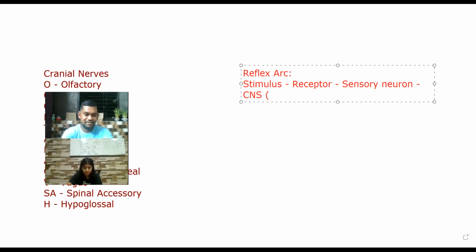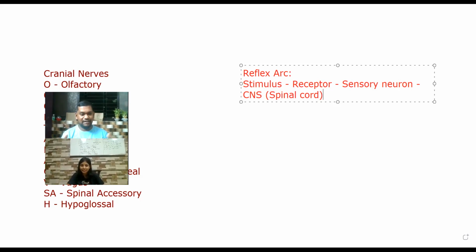We are talking about reflex action. So did it go all the way to the brain? No, please, spinal cord. So the sensory neuron passes on the stimulus to the CNS, that is the spinal cord.